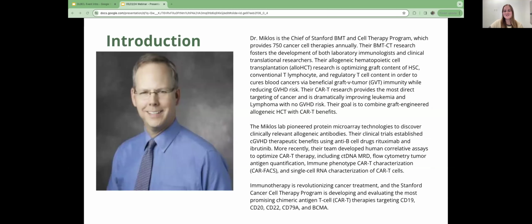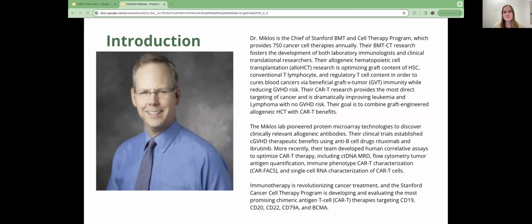Now I'll take a moment to introduce Dr. David Miklos. Dr. Miklos is the Chief of Stanford BMT and Cell Therapy Program, which provides 750 cancer cell therapies annually. Their BMT CT research fosters the development of both laboratory immunologists and clinical translational researchers. Their allo-HCT research is optimizing graft content of HSC, conventional T lymphocyte, and regulatory T cell content in order to cure blood cancers via beneficial graft versus tumor immunity while reducing graft versus host risk.